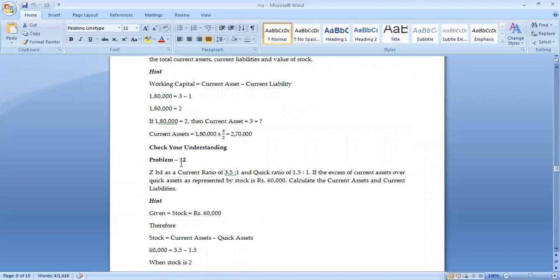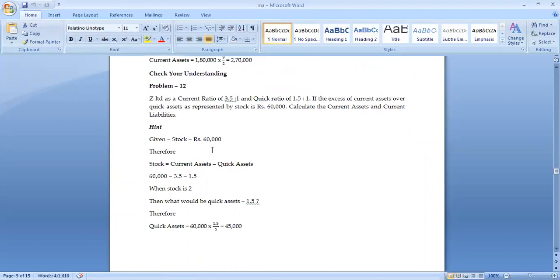Now the 12th question goes on with the same. Here the stock is given, and the current ratio and the quick ratio are given. The excess of current assets over the quick assets, represented by stock, is rupees 60,000. So current assets minus quick assets gives you the stock.